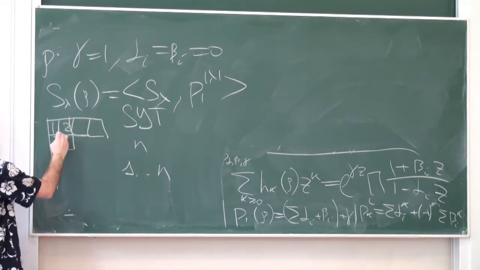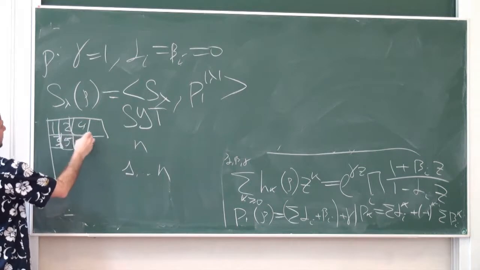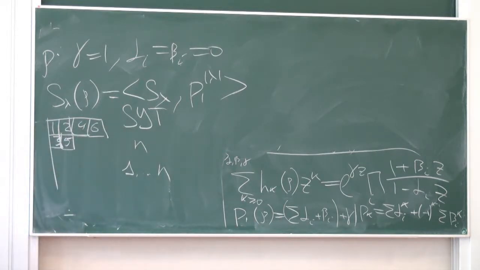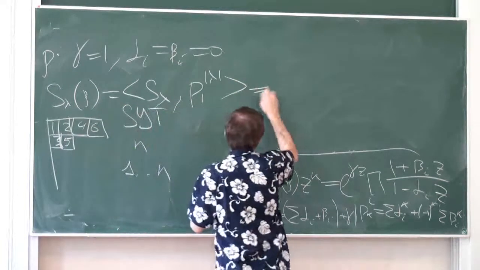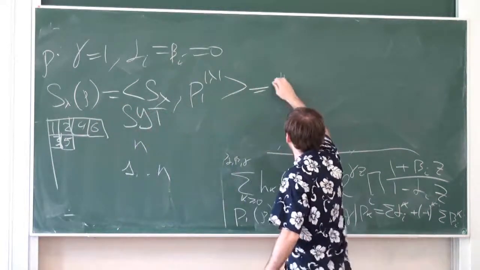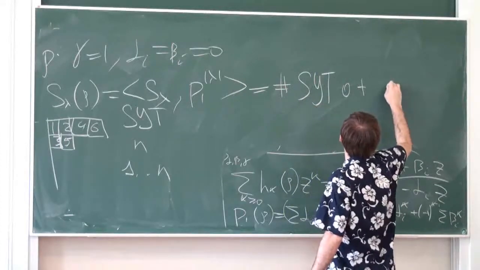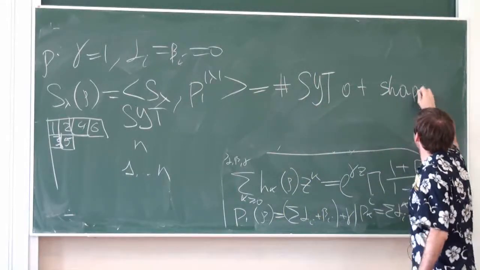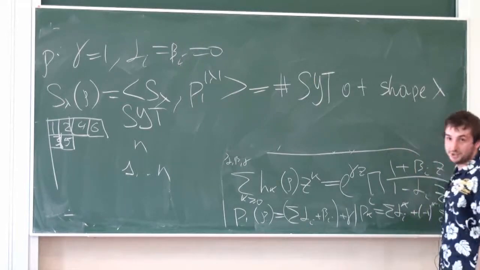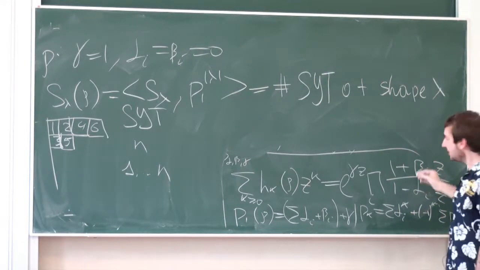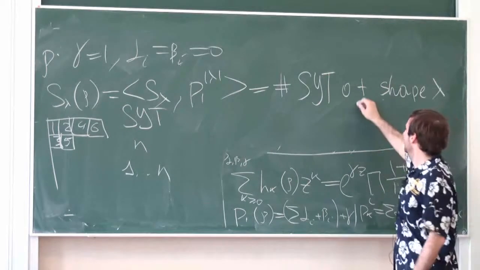So something like that: 4, 5, 6. So this thing can be shown to be equal to the number of standard Young tableaux of shape lambda, which is again known to be equal to another dimension of an irreducible representation.